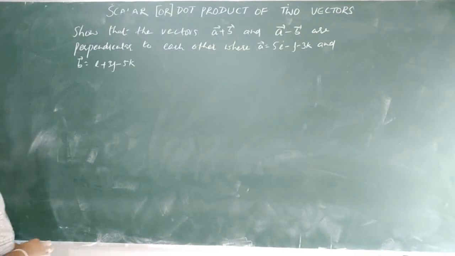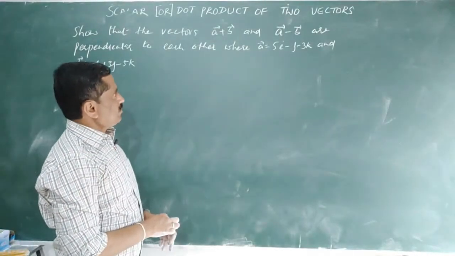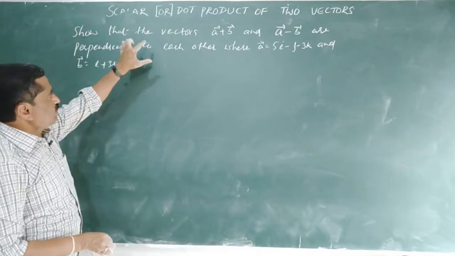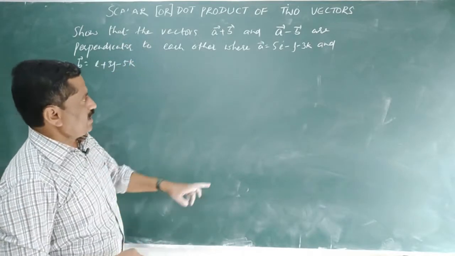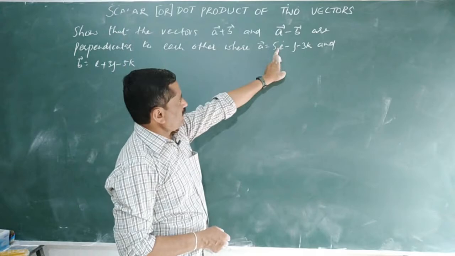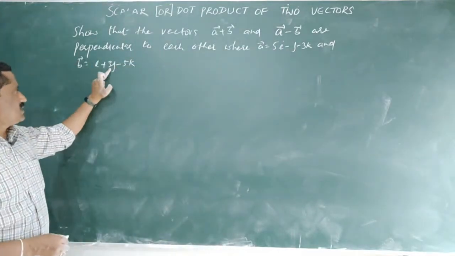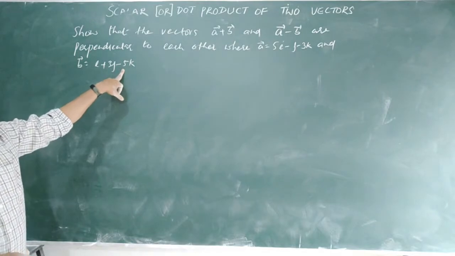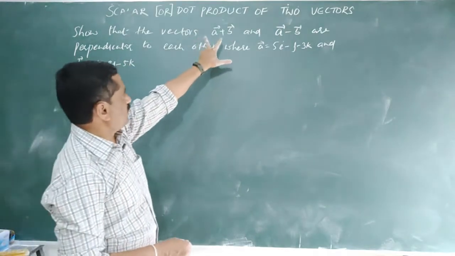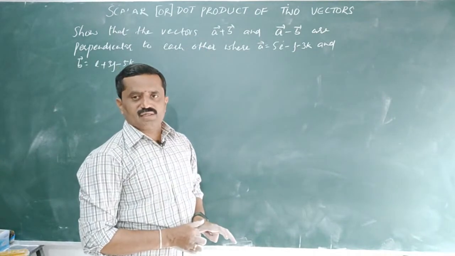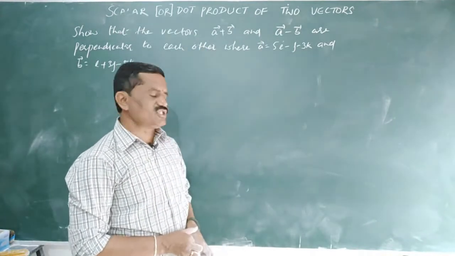Next, show that the vectors a bar plus b bar and a bar minus b bar are perpendicular to each other, where a bar is equal to 5i minus j minus 3k and b bar is equal to i plus 3j minus 5k. We have to show that the sum of two vectors and the difference of two vectors are perpendicular to each other.